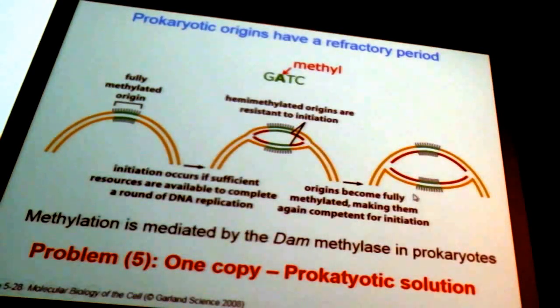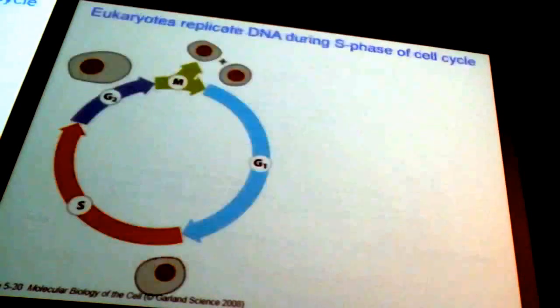And now it's ready to fire again. And in prokaryotes, this regulation is simply done by the time it takes to methylate the hemimethylated DNA. Okay? So that's how it's ensured that you get one copy per cell division.